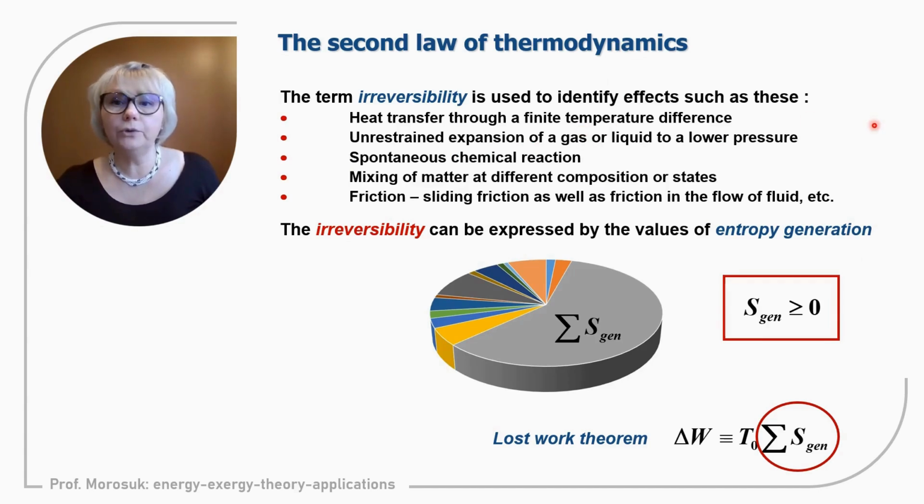So within each component, we will have at least one kind of irreversibility, sometimes 2, 3, and can be even 4. And for one energy conversion system, each component will contribute to the total irreversibility, and we can calculate the total irreversibility within the system that will be described in the form of entropy generation, and we know how to calculate this value.